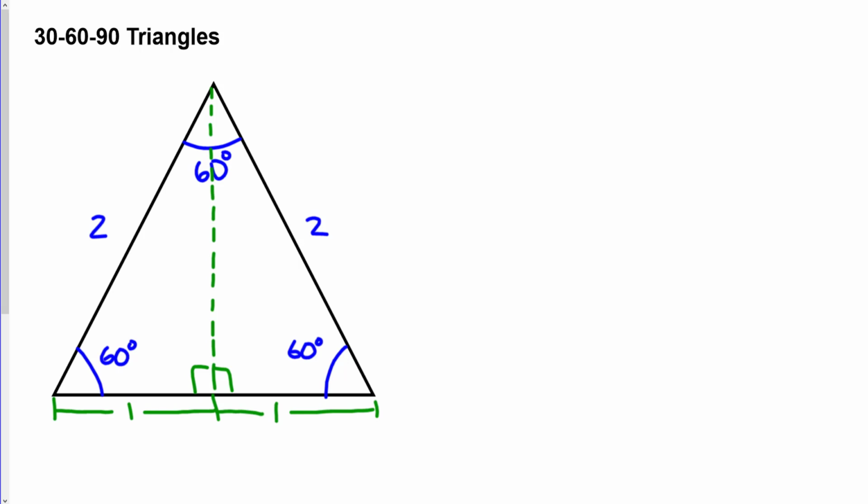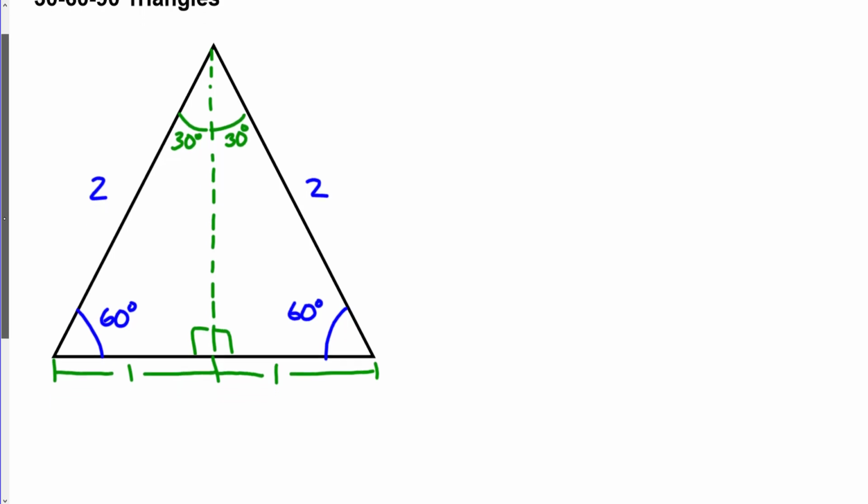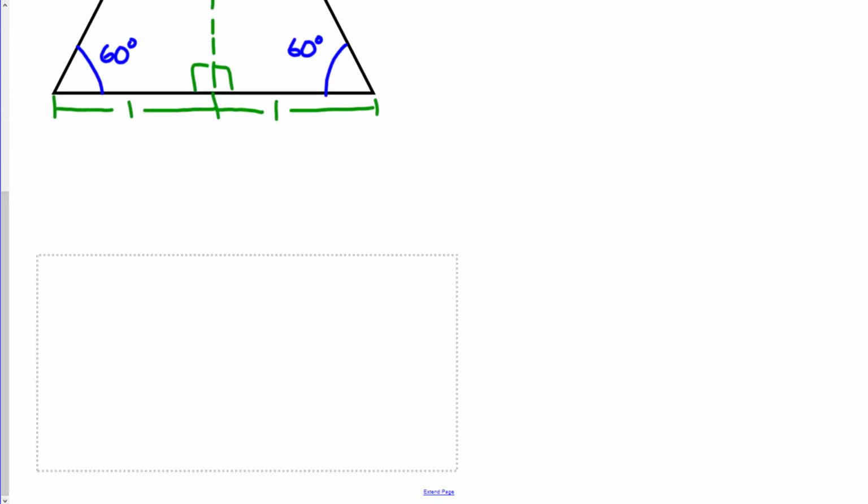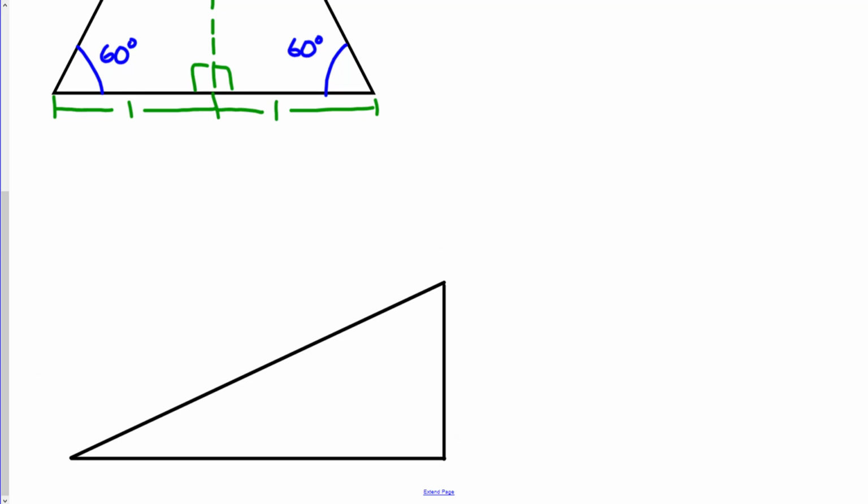And this angle measure at the top is going to be 30 degrees each, because it's 60 degrees total and I divided it in half. So each angle measure should be 30 degrees. Let me translate this onto a different triangle.